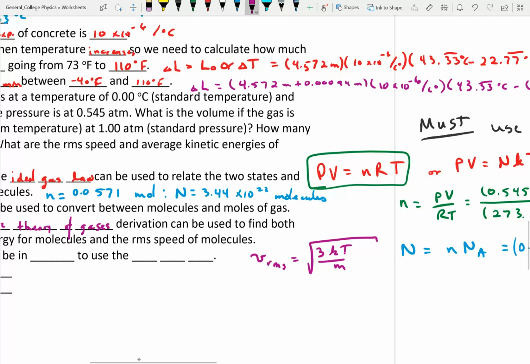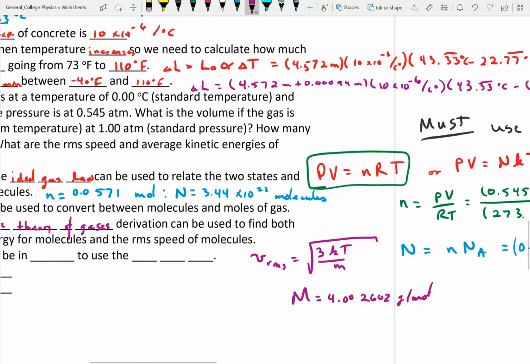So if I look up helium, m for helium is equal to, well, the molar mass, which I should put a capital M if I'm going to do molar mass, equals 4.02 grams per mole.